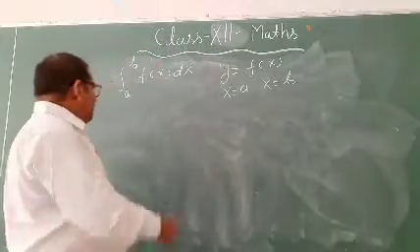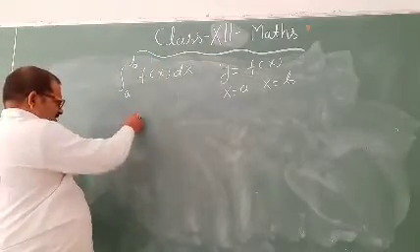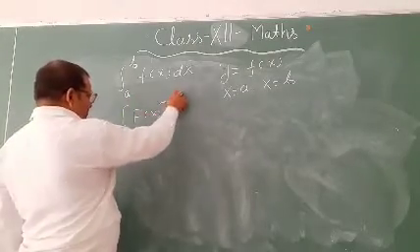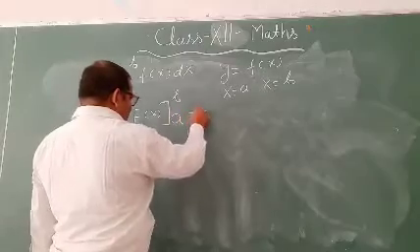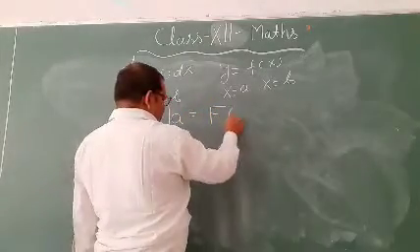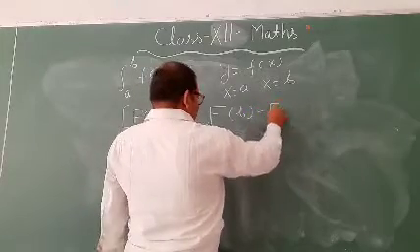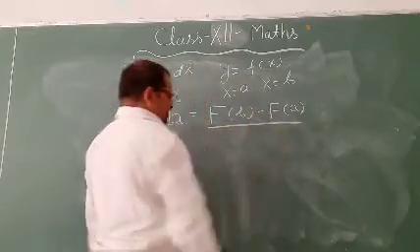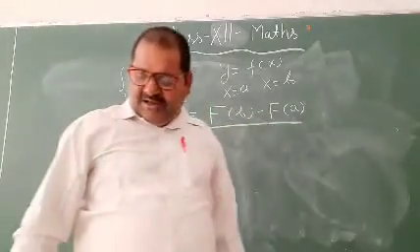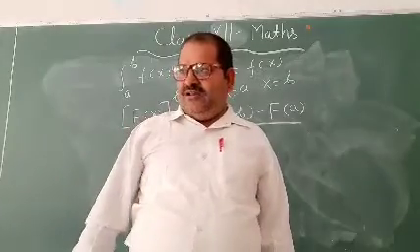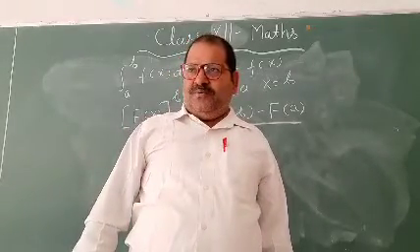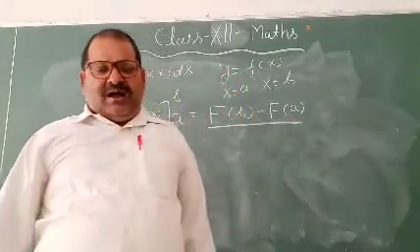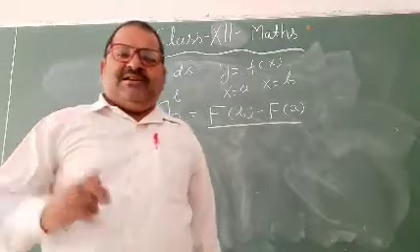So we integrate the function f(x) from a to b, that's equal to F(b) minus F(a). This is one way of finding the area of the bounded region by the graph of the given function.